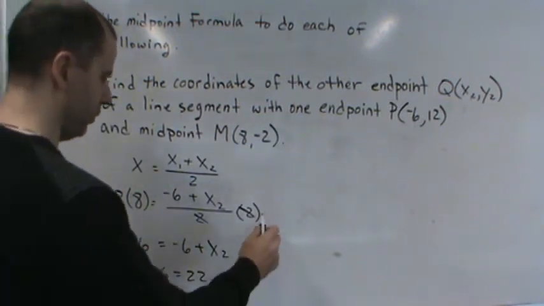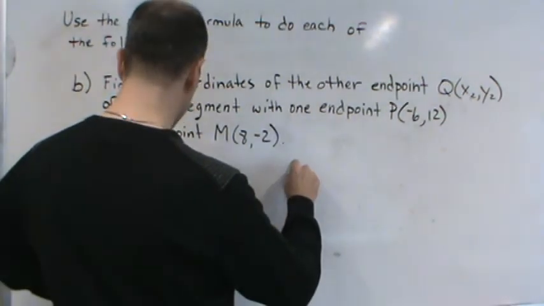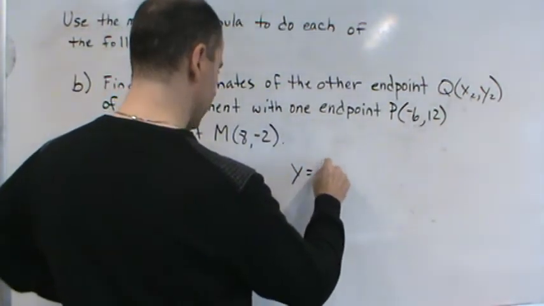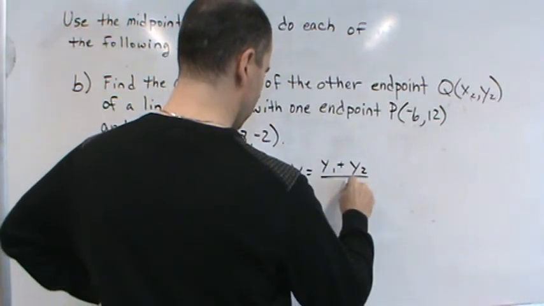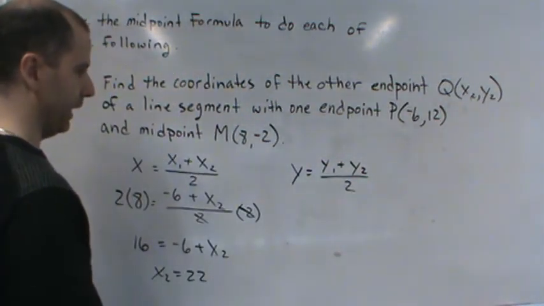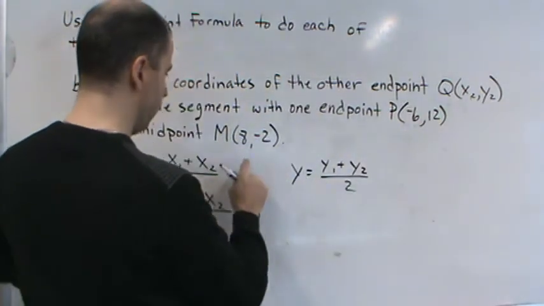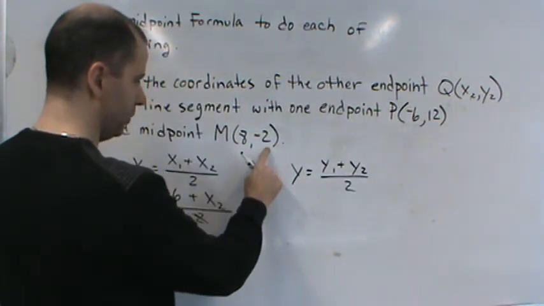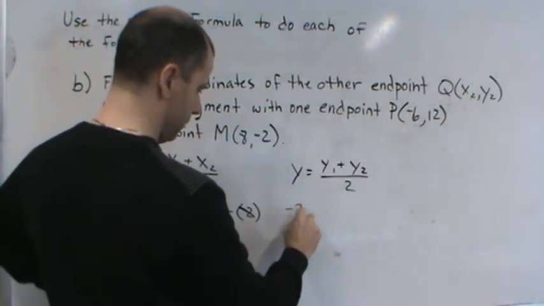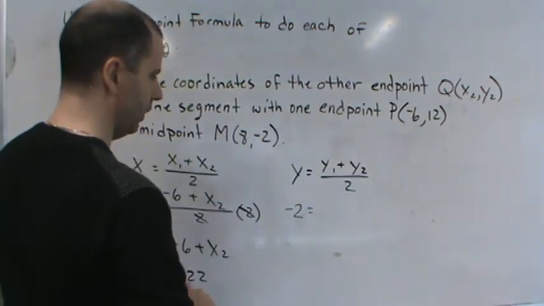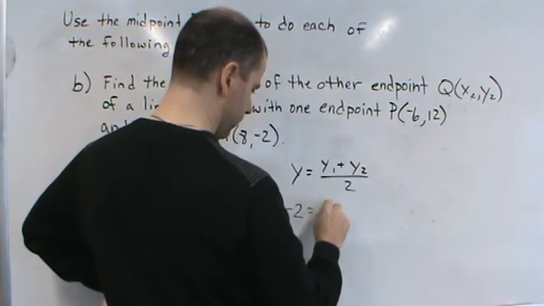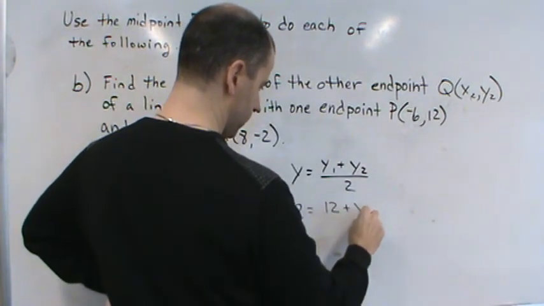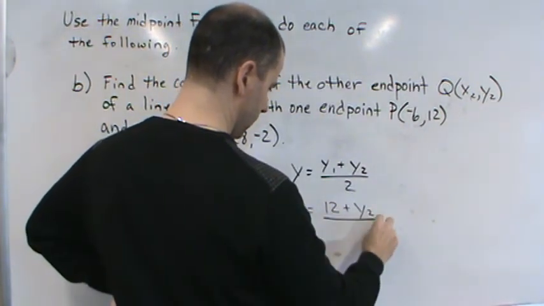Now all we have to do is get the y coordinate. So now we're going to do the same thing, but with y. So y equals y1 plus y2 divided by 2. And this time we know the midpoint, so y is equal to negative 2. Okay, y1 is equal to 12 plus y2 divided by 2.